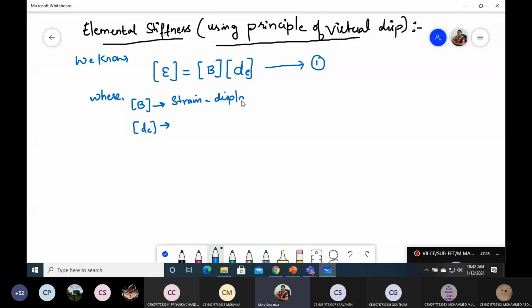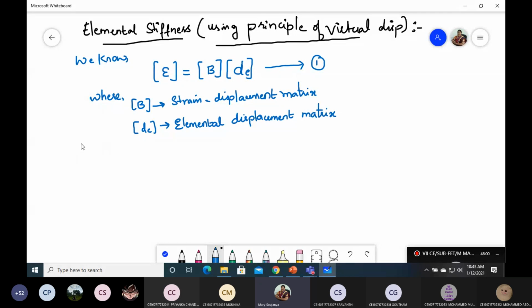So this is the strain displacement matrix. And what is DE? Yes, elemental displacement matrix. Good.